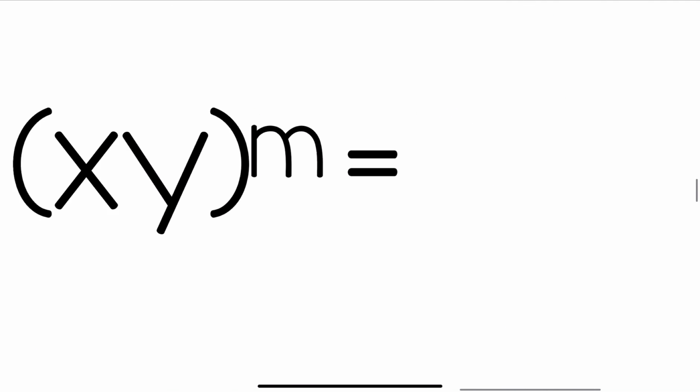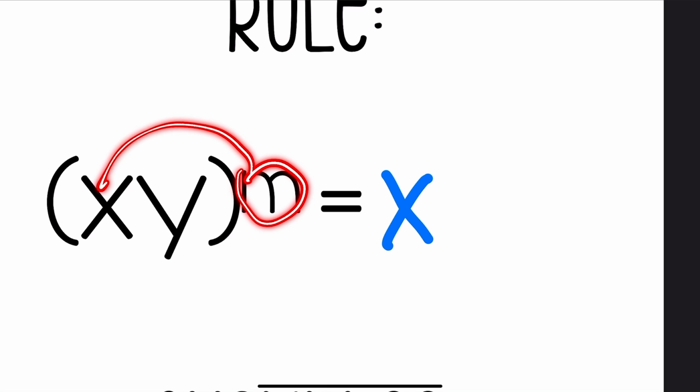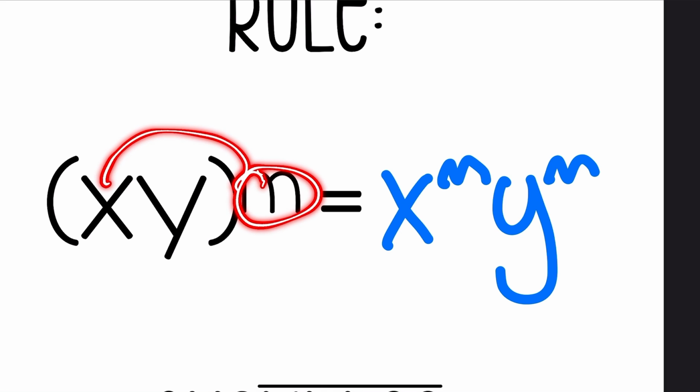So let's make that our rule. If we start out with our bases, which are x and y, we're going to end up with x to the m power, and then y to the m power too, because we just have to take that m and distribute that exponent to both of our variables.